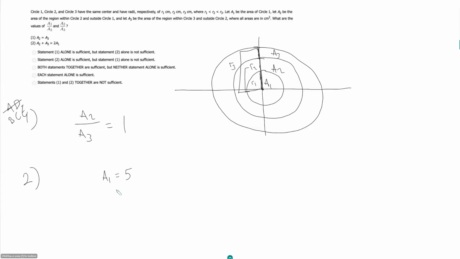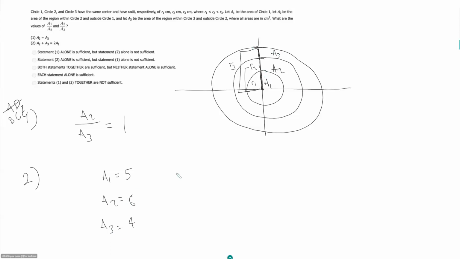So is it possible to say A2 has an area of 6 and A3 has an area of 4? I don't see why not. So A3 is going to be this guy minus this guy. Yeah, I think that's fine.